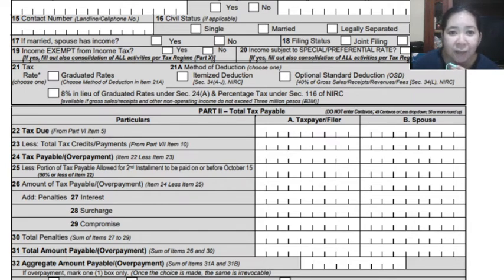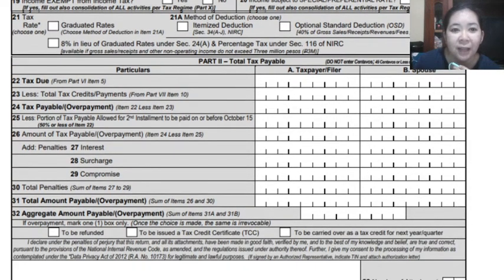Then we will also deduct the portion of the tax payable amount for the second installment paid on or before October 15. This is in the case of filing the ITR using the quarterly forms or filing. After that, that will be the amount of tax payable.